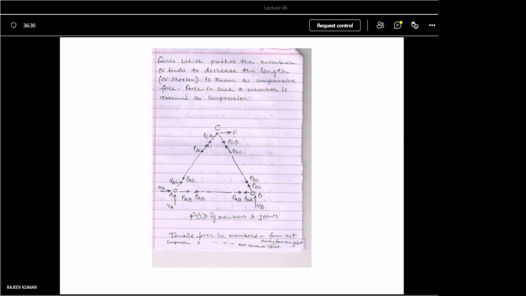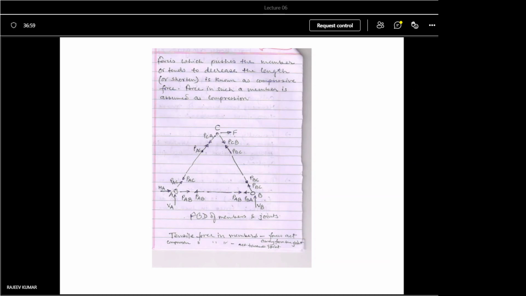Think about the cap. When you apply this force, this will go in this one direction, so it is showing here AC. There is no distortion in the member. If you cut here, you can show a free body diagram where force P_CA will act in this direction and this one in that direction.